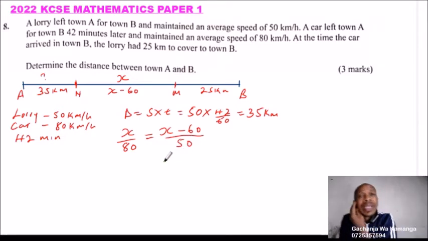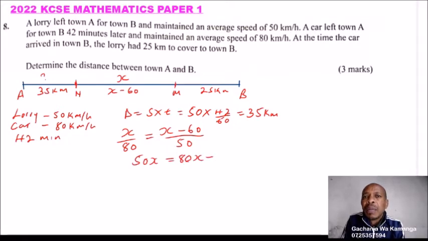That way, we will be able to get X, where X is the whole distance from A to B. So we cross multiply, we get 50x is equal to 80x minus 80 multiplied by 60, that will give us 4,800. We take 50 to this other side, so we have 80 minus 50, that is 30x is equal to 4,800.